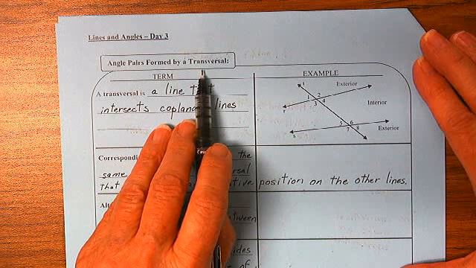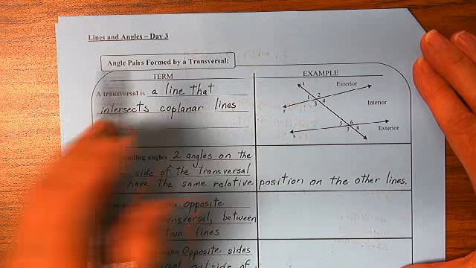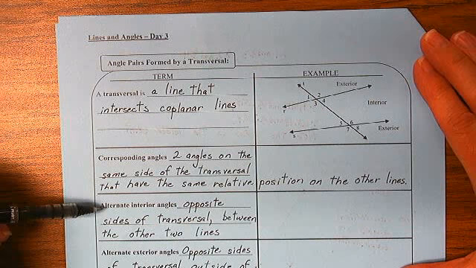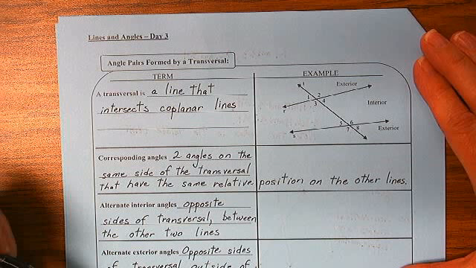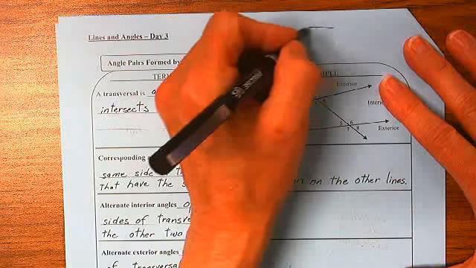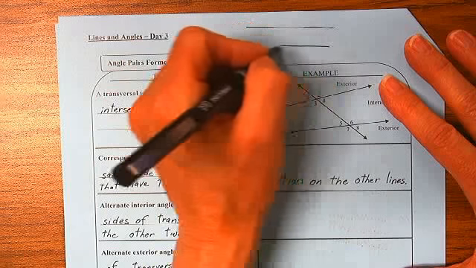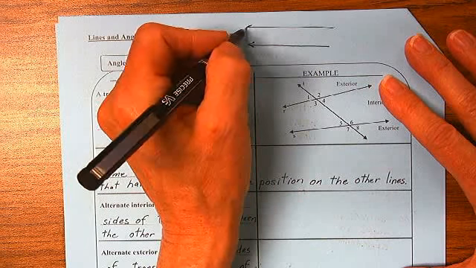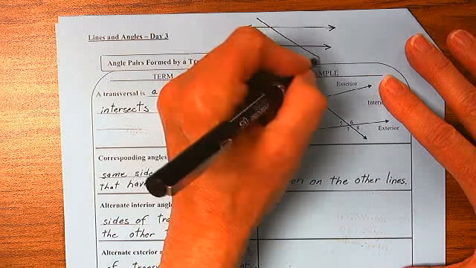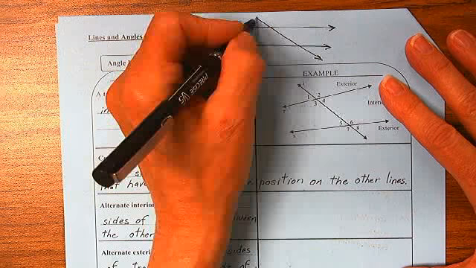Now, when we talk about transversals, corresponding angles, alternate interior, same side interior, what we mean always is that you have two lines and a third line intersecting them.